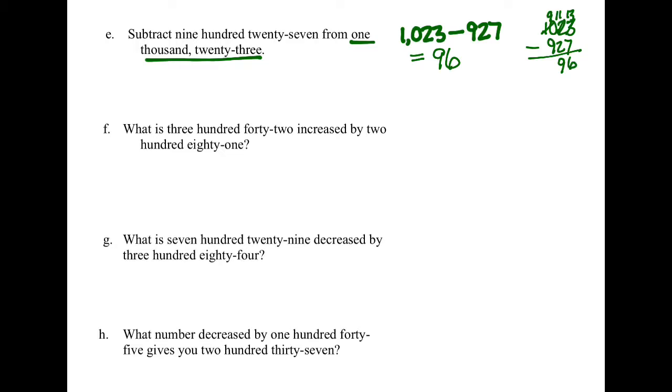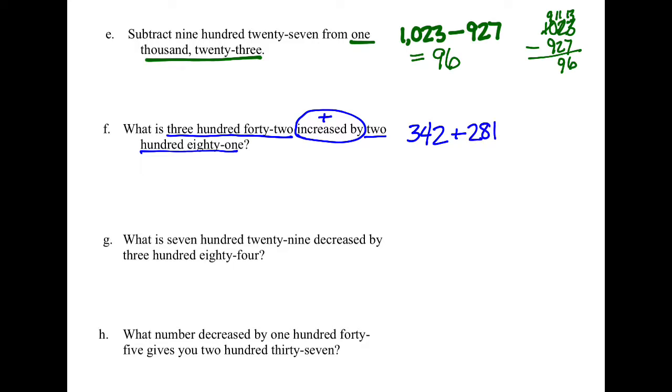Okay, F. What is 342 increased by, so that means add, right, 281. Okay, so we have 342 increased by 281.